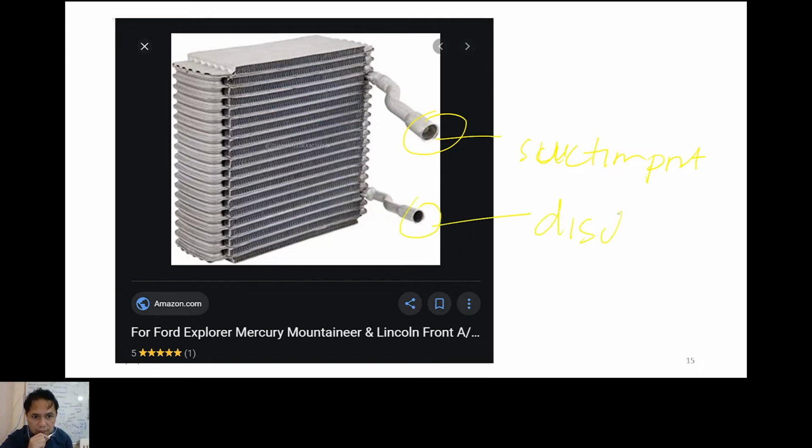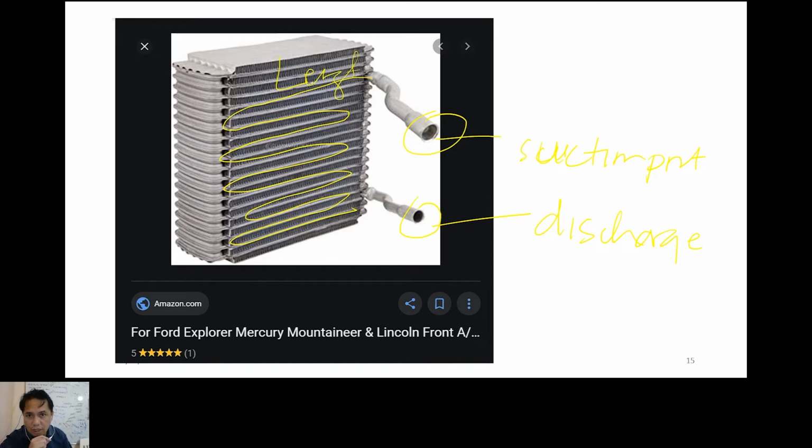Why is the suction always bigger? Because it needs to have a bigger input of volume of refrigerant. Otherwise, if it's only equal or less, there will be more pressure drop, because pressure will drop. So pressure drop is a function of length. Mahaba yan, di ba?